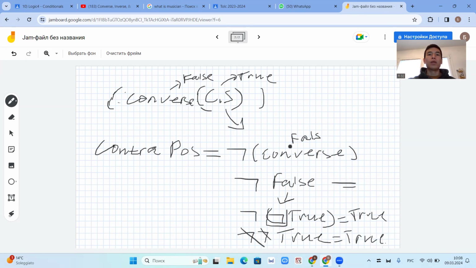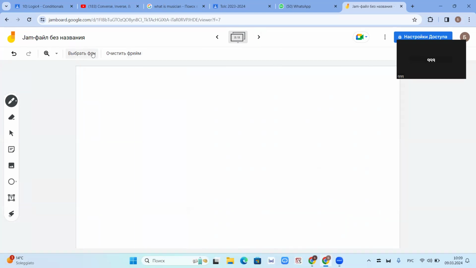Okay, that's why if the conditional statement is true, then contrapositive is automatically true. Здесь есть вопросы? Окей, если все понятно, можем двигаться дальше.